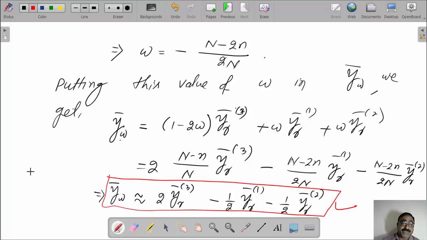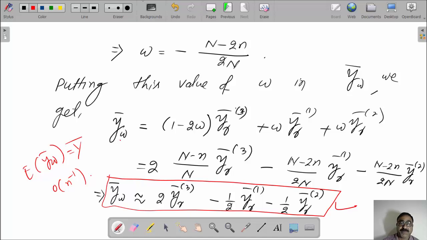So expectation of YW bar is equal to Y bar up to first order of approximation, order of n inverse. Thus, to the order of n inverse, the usual ratio estimator YR bar is a biased estimator of population mean Y bar, whereas this Quenouille estimator YW bar is an unbiased estimator of Y bar. That is why the estimator YW bar is called the almost unbiased ratio estimator of population mean Y bar.